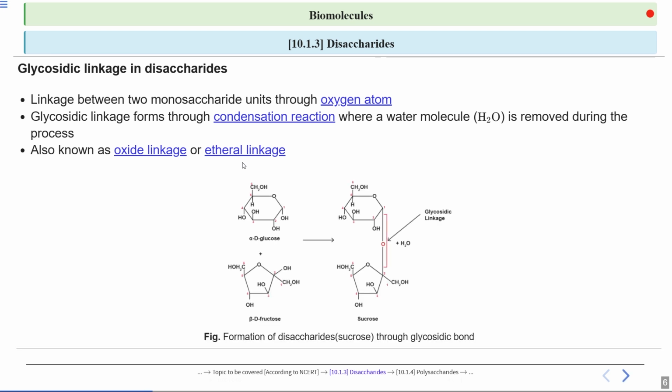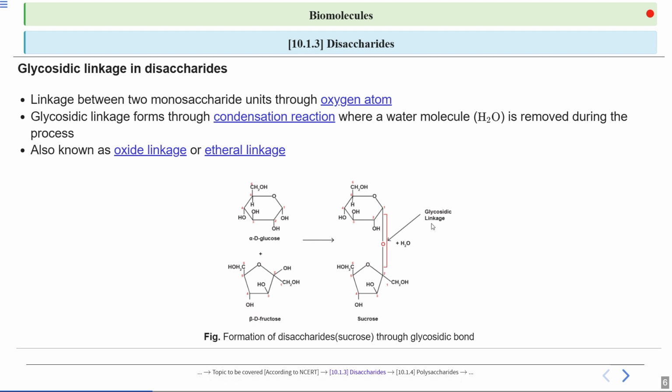Now if you see over here, this is the formation of a disaccharide, which is sucrose, through a glycosidic bond. This is alpha D glucose and this is beta D fructose. It undergoes a condensation reaction where we lose a water molecule, OH from here and hydrogen from here, so H2O gets lost, and this is the glycosidic linkage, which is marked with red.